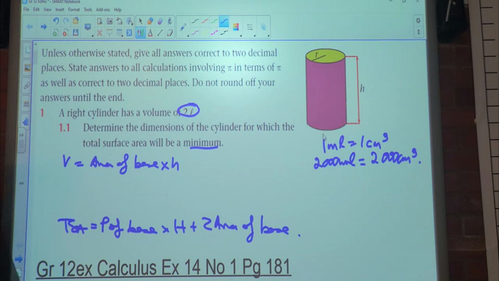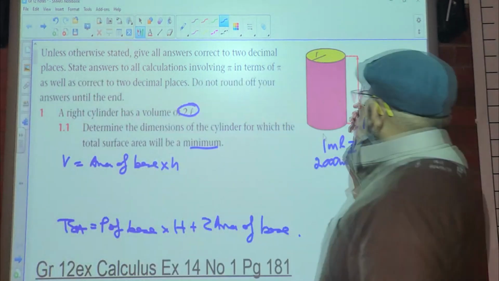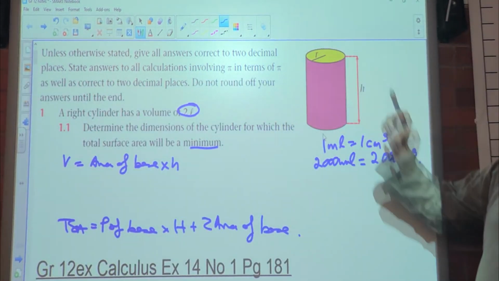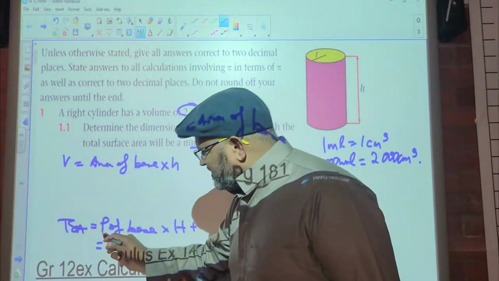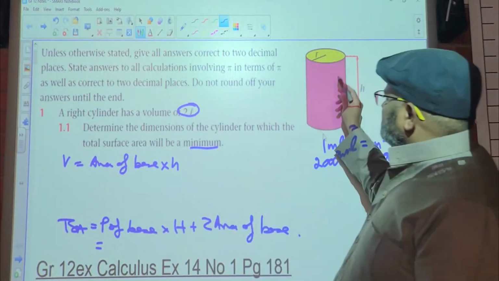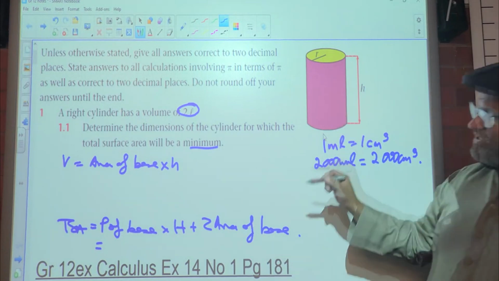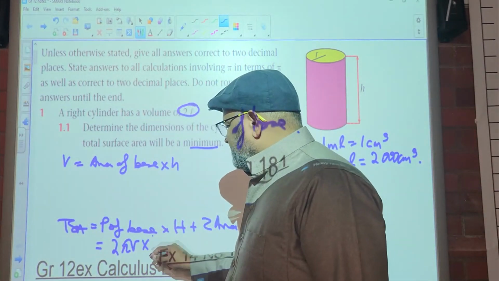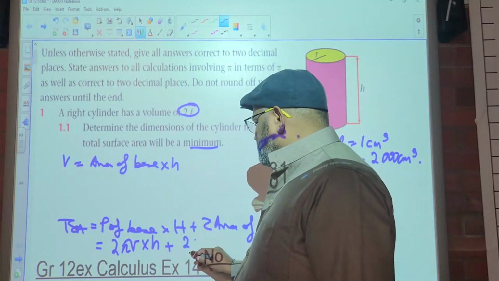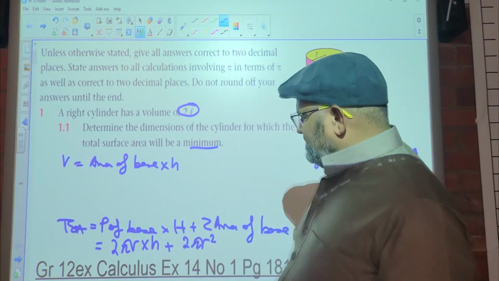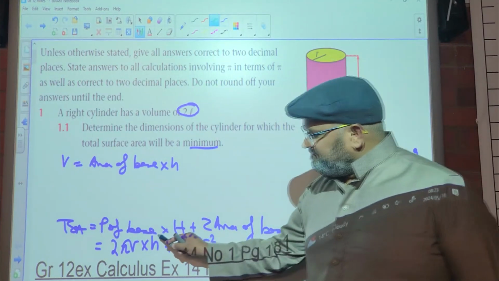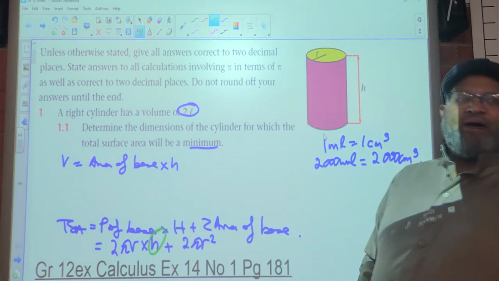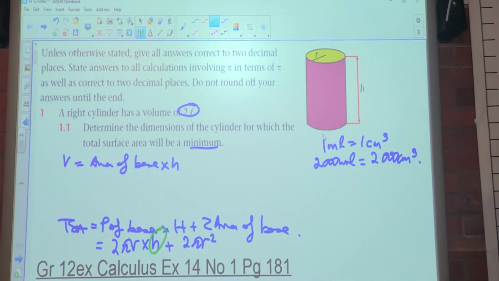Then we're going to write the height in terms of the radius. The base is circular, so the perimeter is 2 pi r times height plus twice the area of the base, which is pi r squared.